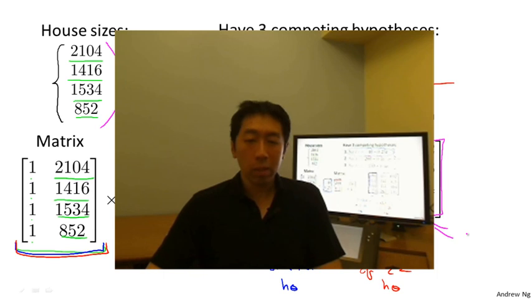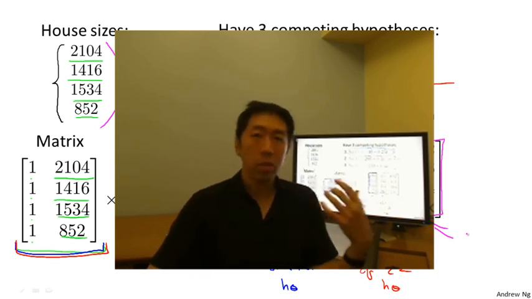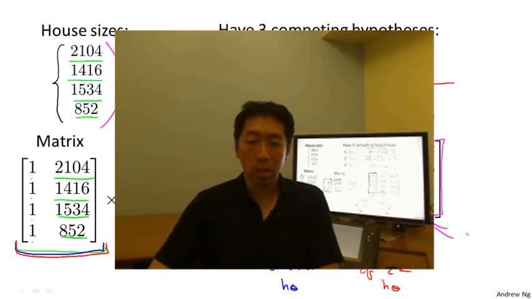There are very good free libraries that you can use to do this matrix multiplication very efficiently, so that you can make lots of predictions of lots of hypotheses.